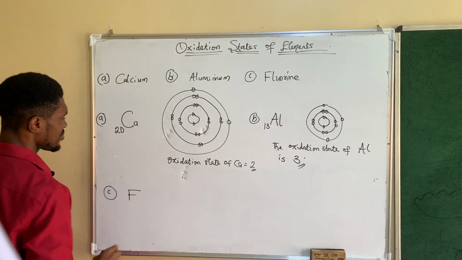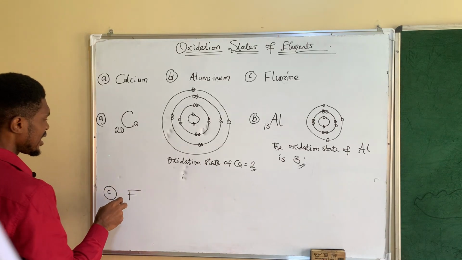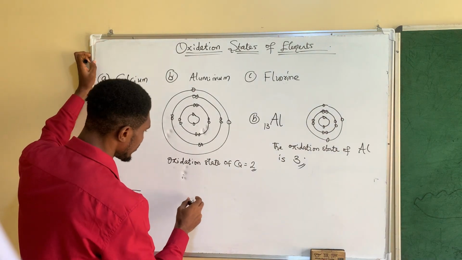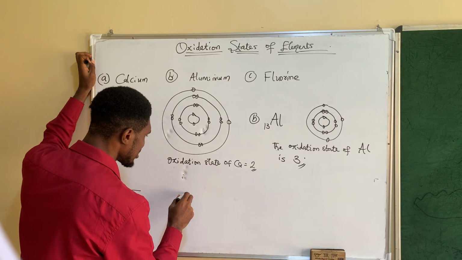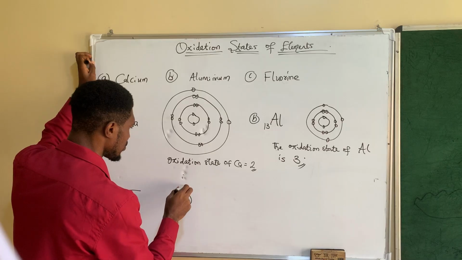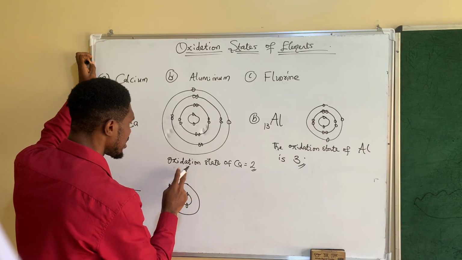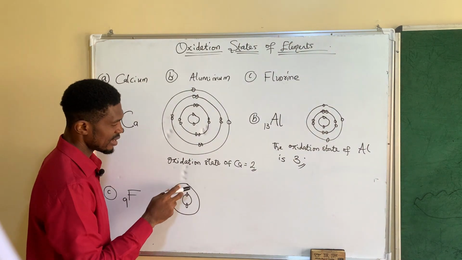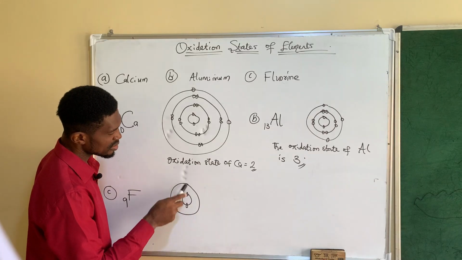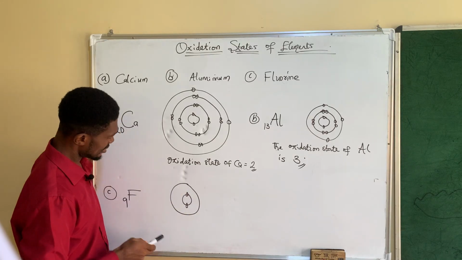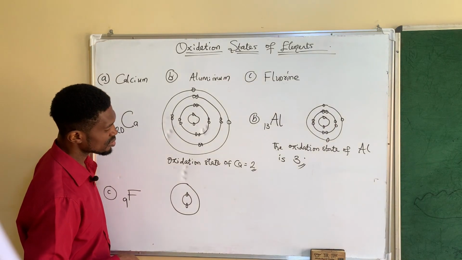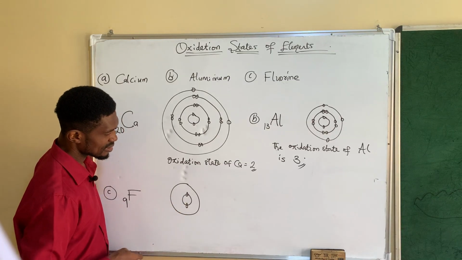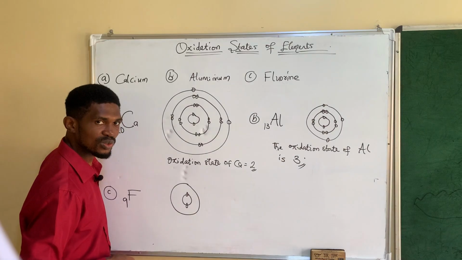Fluorine is represented by capital letter F, and the atomic number is 9. For us to draw the electronic configuration, the first shell takes a maximum of 2, while the second shell takes a maximum of 8. But if we put 8 electrons here, it would be 8 plus 2, which is 10, and we have 9 here. So that won't be possible. So you simply say 9 minus 2, which is 7.